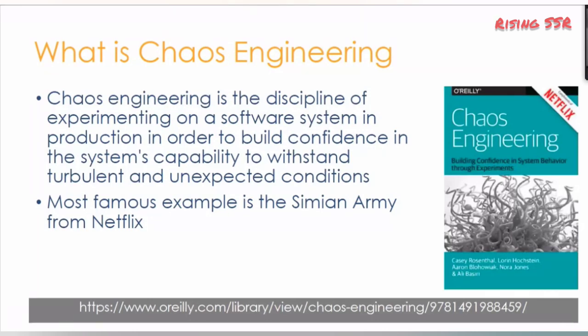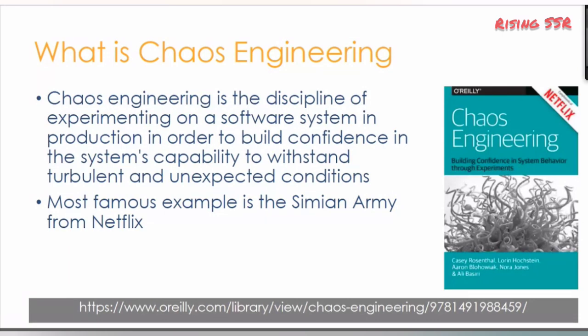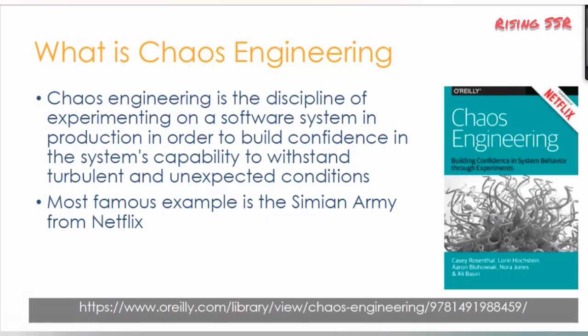That is where a few of the great minds in Netflix started thinking, let us be prepared for the worst. They had a lot of engineers who used to have multiple overnights, working 24/7, which created a very bad culture in the company. And that is when they came up with this concept of chaos engineering.